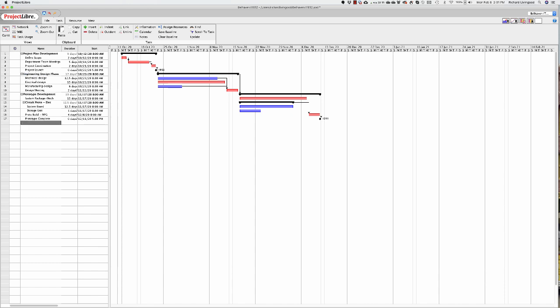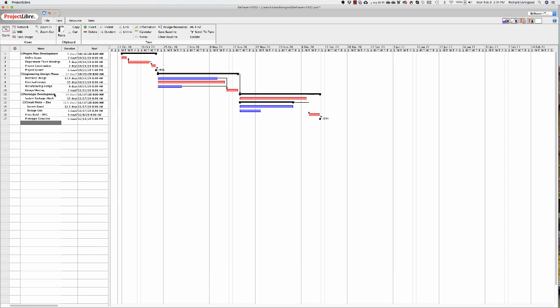The one that does drive the whole engineering design phase is electrical. Because of that, it becomes a task that has a great deal of impact on the project. We call that critical path.